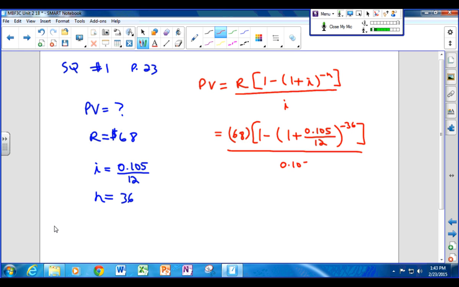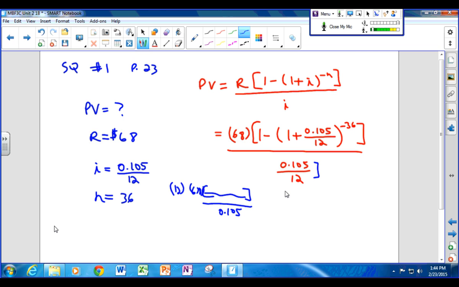0.105 over 12. Now, remember that this form, this fraction here, you could rewrite that. If this is the part that's up above here, this is the 68, and that's the stuff in square brackets, you could take the 12 and multiply it on the top and just divide by 105.